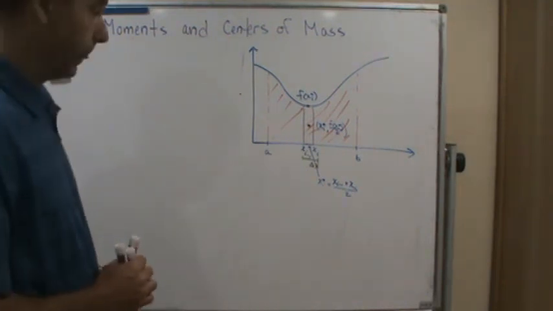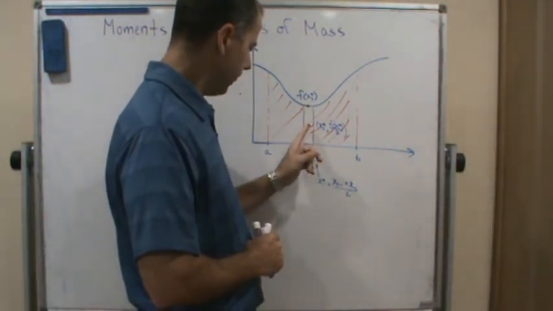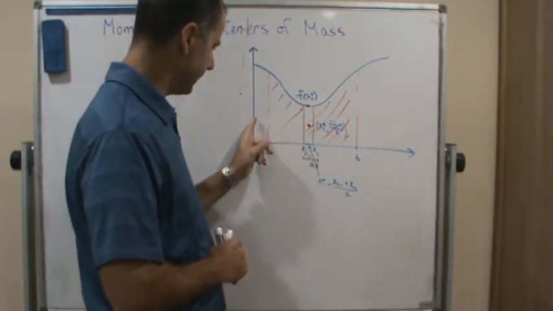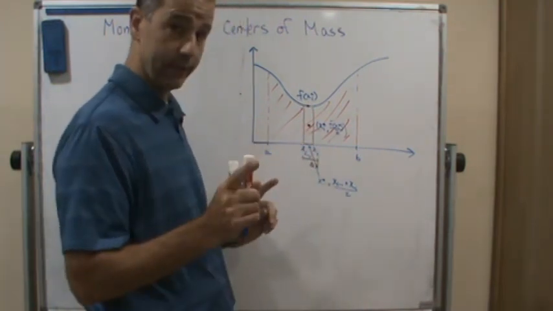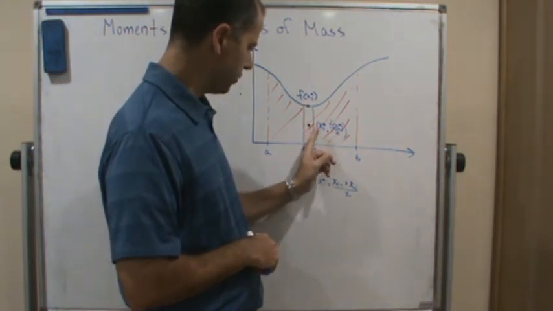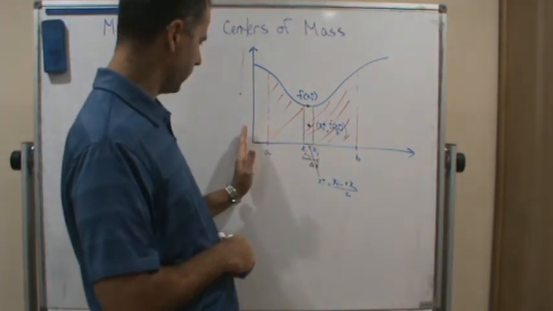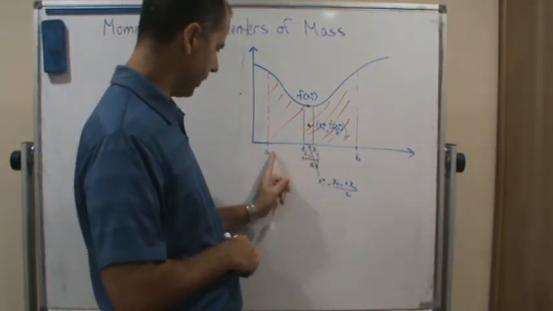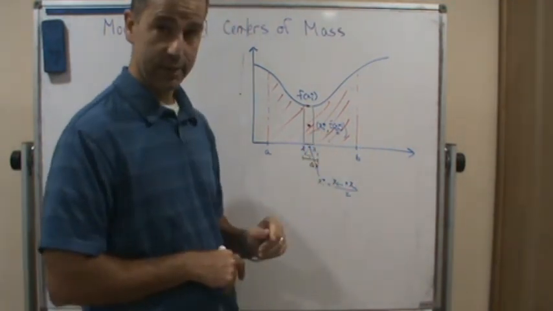So again, if we focus on the centroid, we want to know the distance of this thing from the y-axis instead of the x-axis. So the only thing that's going to change is how we represent the distance of the centroid. Now it's the distance from the y-axis, so now we're talking about x. And so the distance is going to be x sub i star.